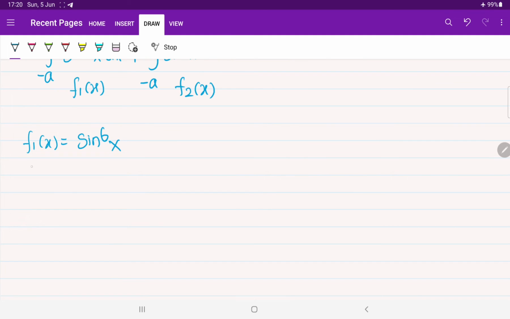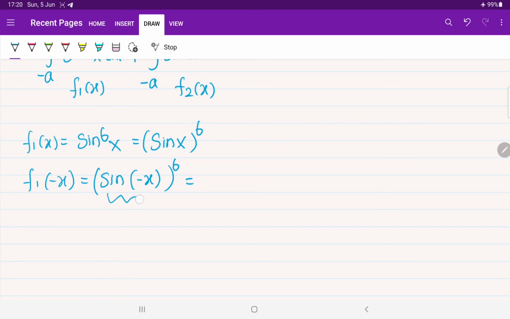Now suppose I want to know the value of f1 of minus x. Remember, sine power 6x can be written as (sine x) whole power 6. If I replace x by minus x, it becomes (sine of minus x) whole power 6.